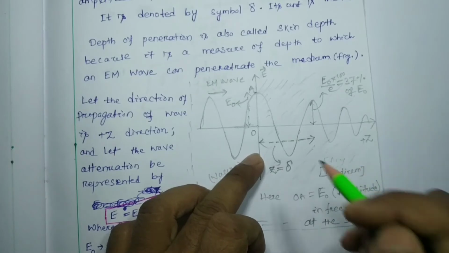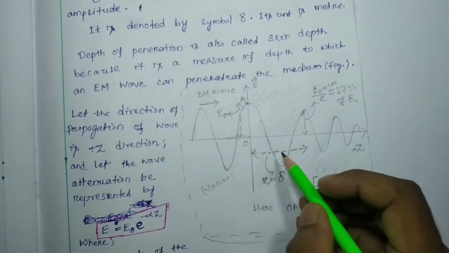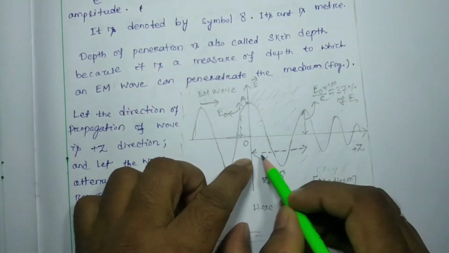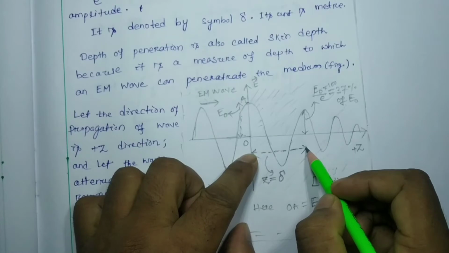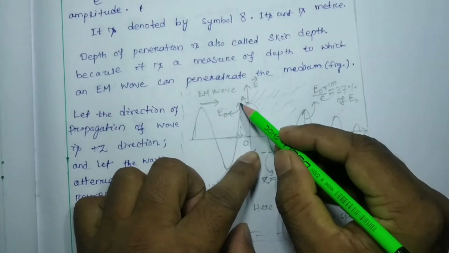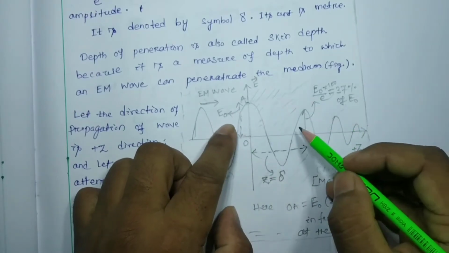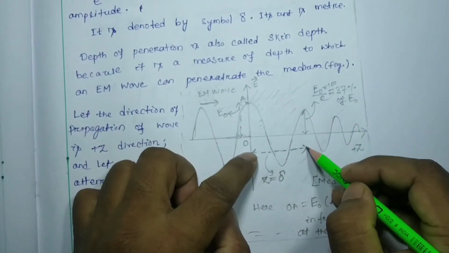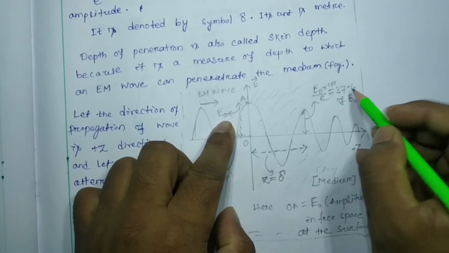But according to the depth of penetration, after traveling a certain distance, the amplitude, which was originally E0, is reduced to 37% of E0.